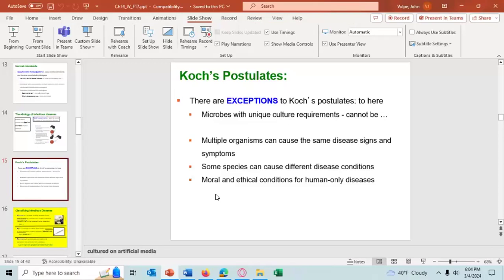So that's how you can show that a given microbe causes a given disease without using Koch's postulate. And that is vast epidemiological studies, and you have to study the population over time. Any question about any of that?